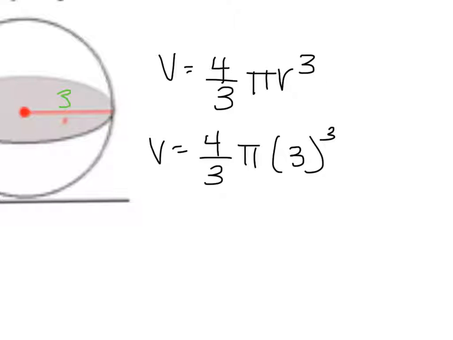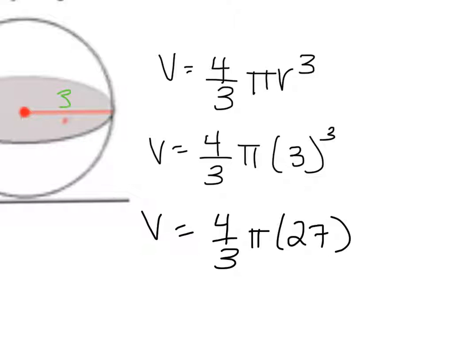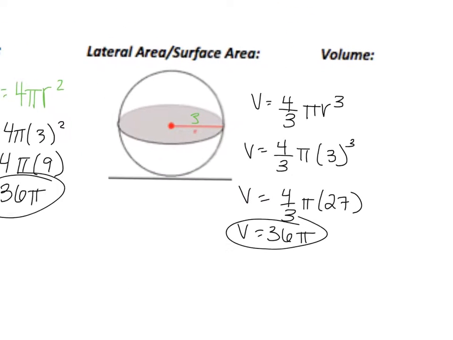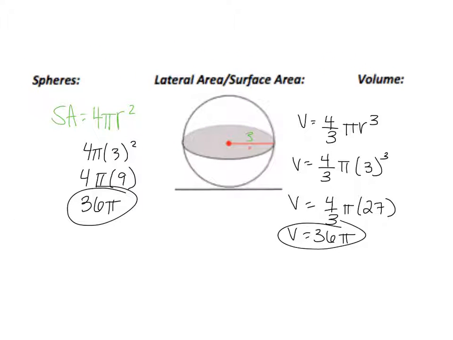I believe this is going to equal 36 pi again. Let me just check. Yes, this will equal 36 pi. So it's just a coincidence that the volume and the surface area are exactly the same. It doesn't always happen like that, but in this case it does.